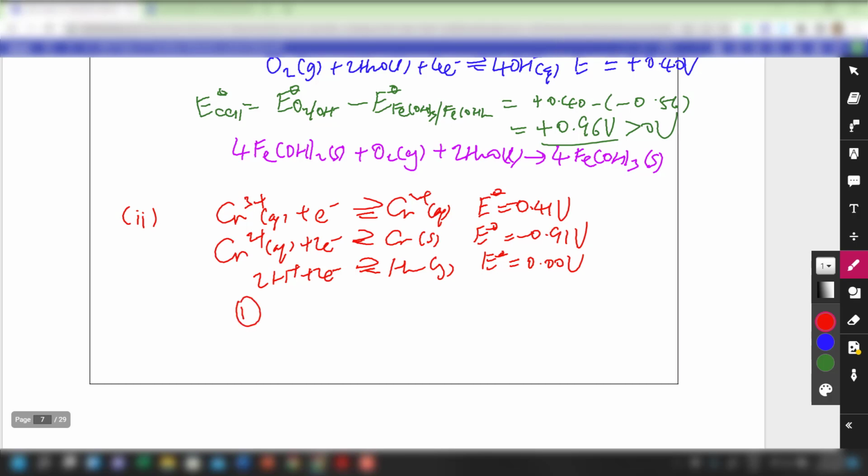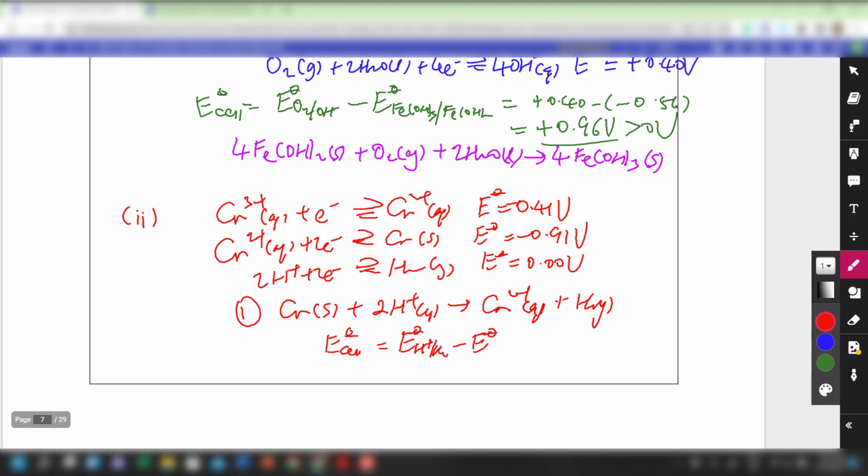Chromium solid plus 2H plus aqueous gives Cr2+ aqueous plus H2. E cell is E reduction minus E oxidation, so that is E of H+/H2 minus E of Cr2+/Cr, which is 0.00 minus negative 0.91, equal to plus 0.91 volts.